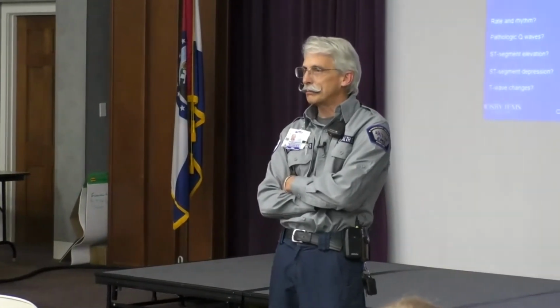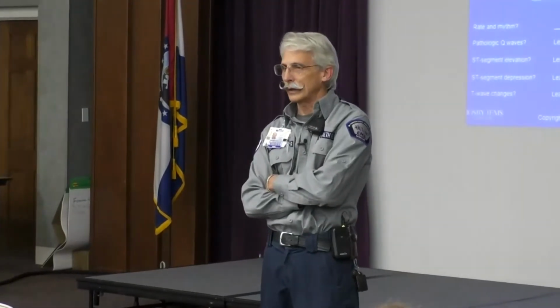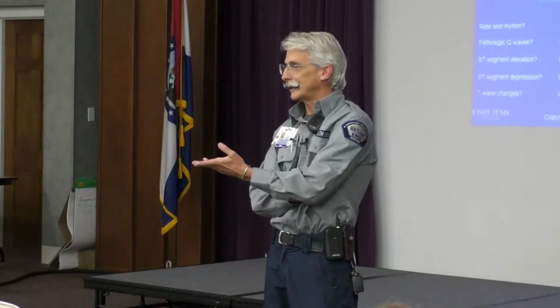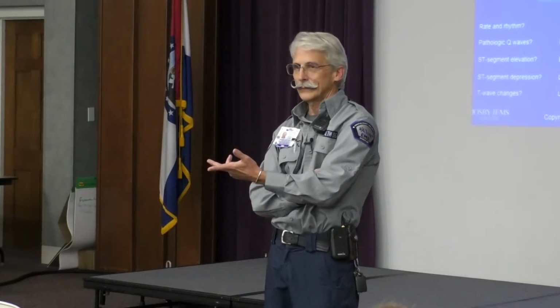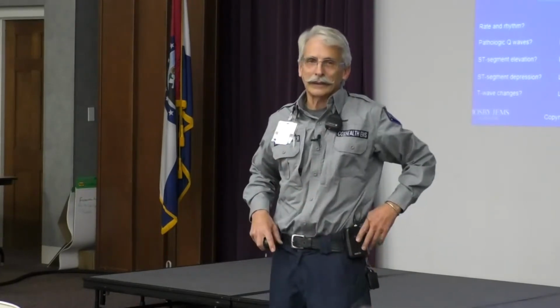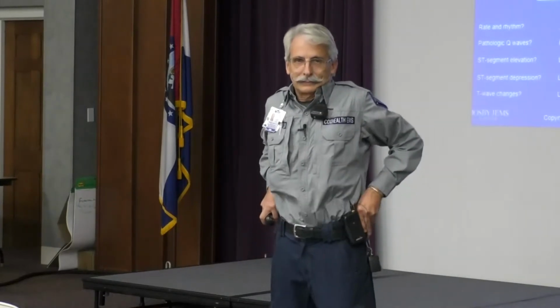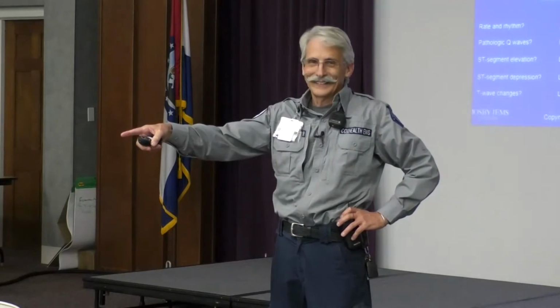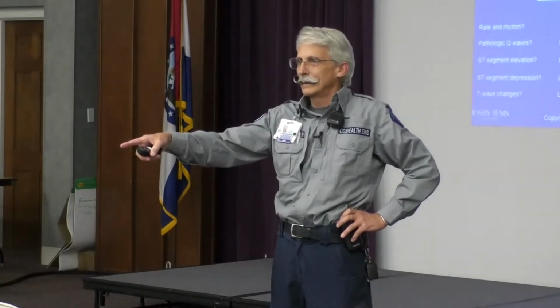If it goes above 4 millimeters, it goes to 5, it now meets the Sgarbossa criteria to say this is still an MI. Do you want to try to remember that in the heat of battle? There's three Sgarbossa criteria, and there's more.